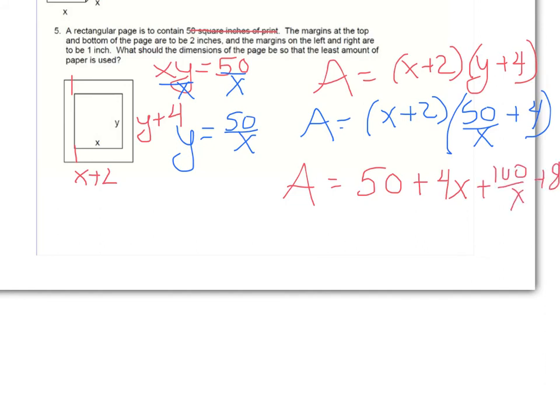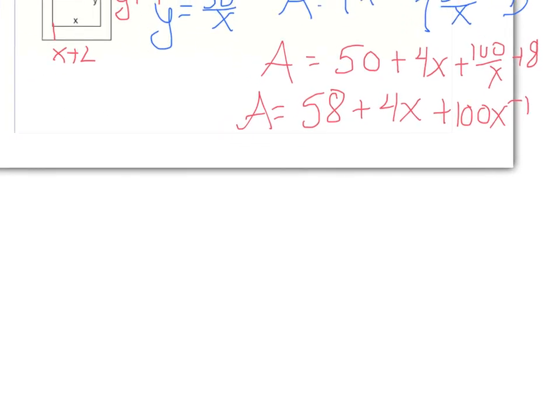And then the only like terms I have are the 50 and the 8. And I'm going to write that as 100x to the negative 1, so I can take the derivative. So A prime is 4 minus 100x to the negative 2. Set it equal to 0.